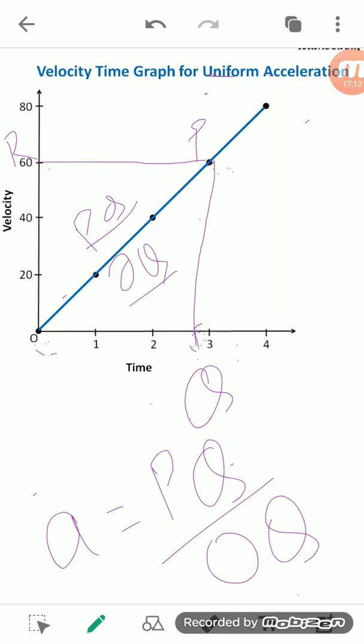Therefore, we can conclude that the speed time graph represents the acceleration, and that acceleration is given by the slope of the graph. So the slope of the speed time graph or the velocity time graph of a moving body gives the acceleration of the body.